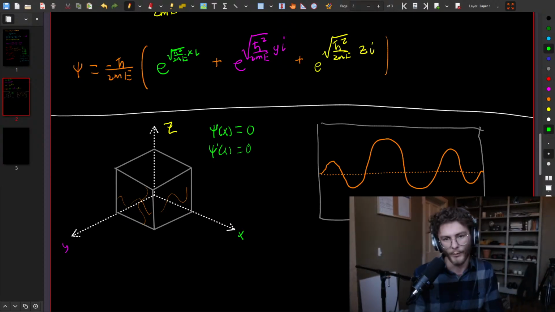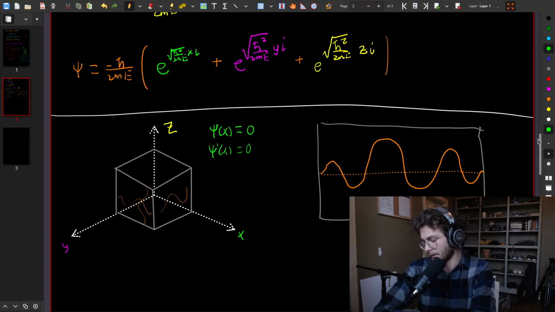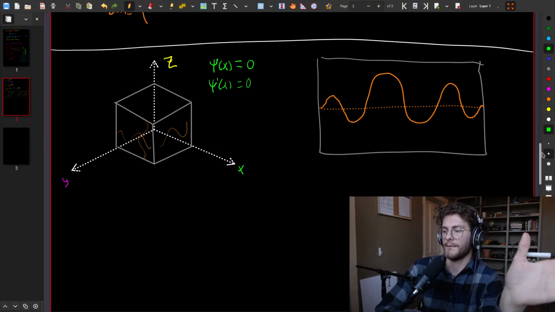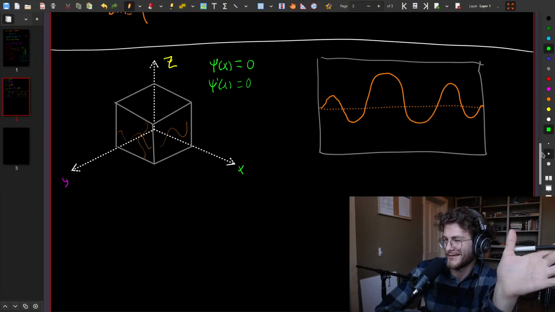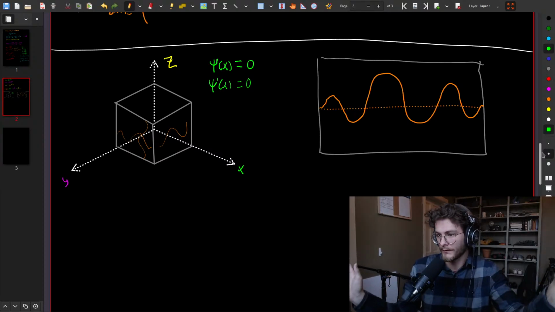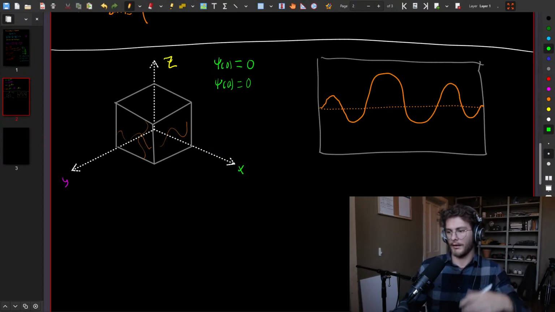So we now have an initial value problem in 3 dimensions. Let's start with that first dimension. I'm just playing with x, and I'm going to copy that over to y and z to save time, because it's the same thing. Psi of 0 equals 0.